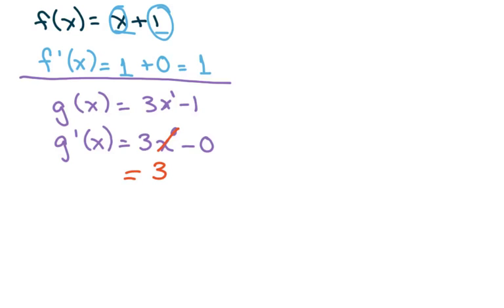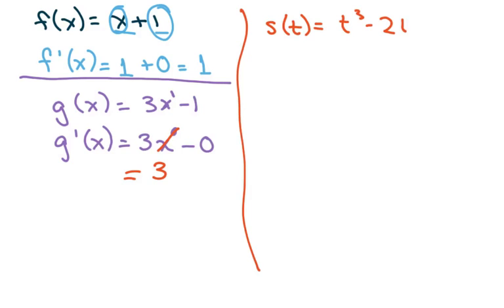Okay? And let's do a couple more, because I still have more time. Okay, so let's do s of t equals t cubed minus 2t plus 4.